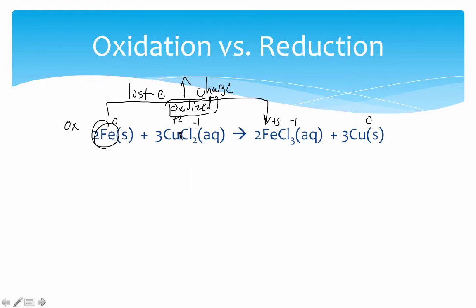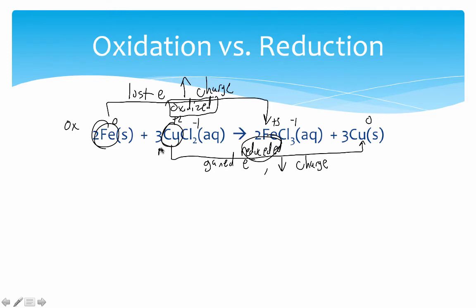Moving on then, the copper goes from a positive 2 all the way to a charge of 0. This guy has gained electrons, which means its charge has gone down, which means that this element has been reduced. So the copper in this reaction is the reduction part of the reaction. So iron has been oxidized, copper has been reduced.